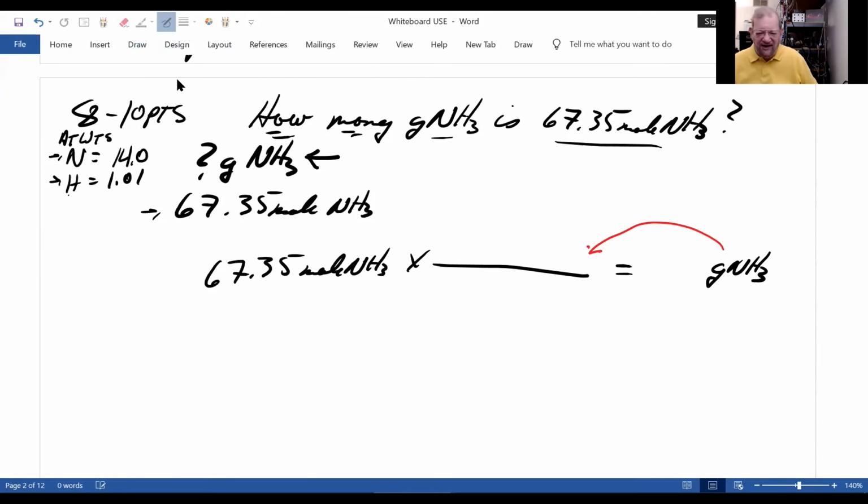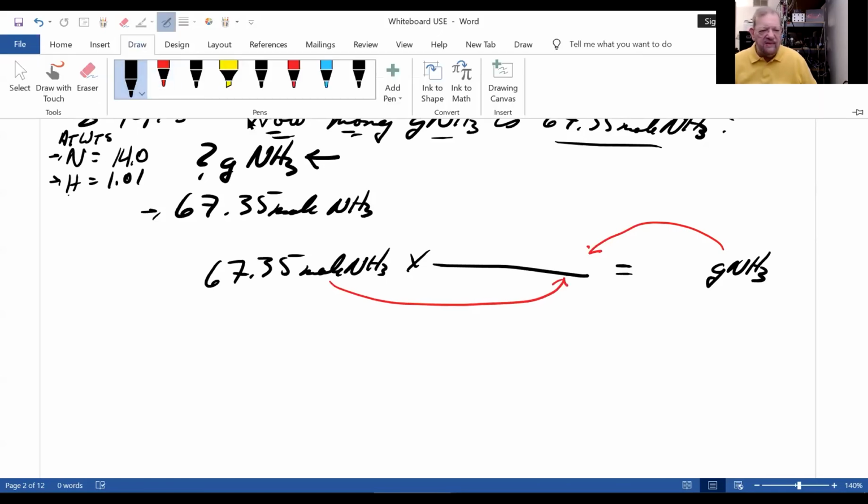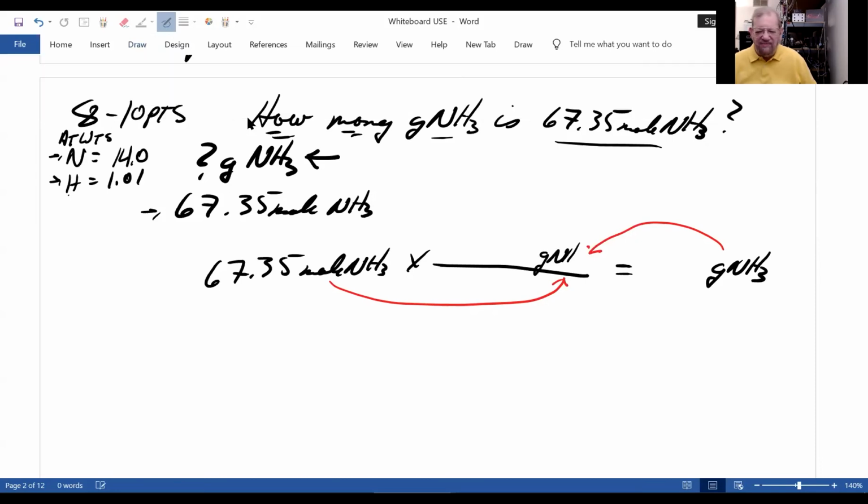Whatever you're trying to get to, the units go on top of the ratio. Whatever we're trying to get rid of, they go on the bottom. This would be grams of ammonia on top and moles of ammonia underneath. And where do we get those numbers?